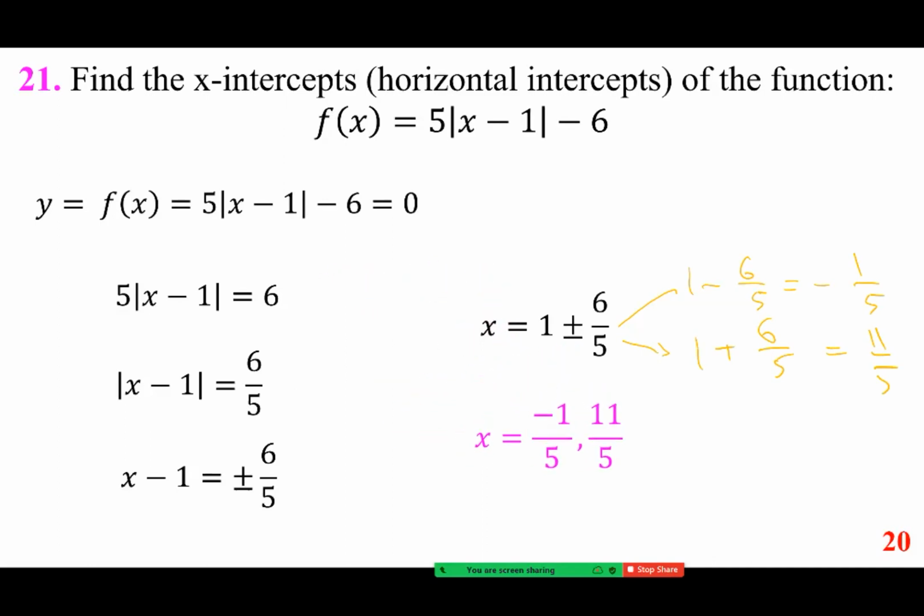And what this really means is the following pair: -1/5, 0, and 11/5, 0. The reason I like to use a pair is because it's asking for the x-intercepts. If they didn't ask you for a pair, you can leave it like that, but I want to make sure everybody knows what's going on.